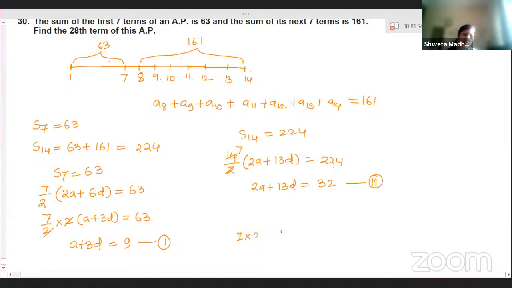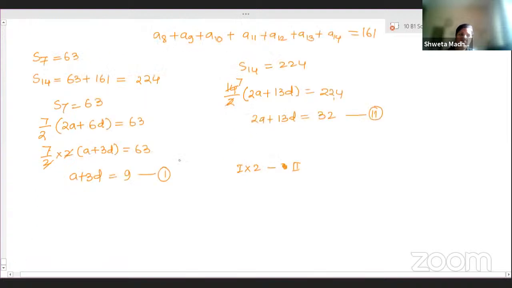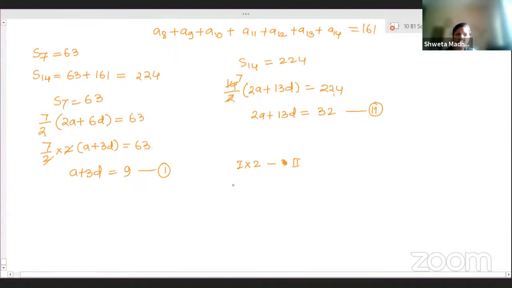Multiplying first with 2 and then subtracting. Multiplying first with 2, it will become 2a plus 6d is equal to 18. And second equation, 2a plus 13d is equal to 32.